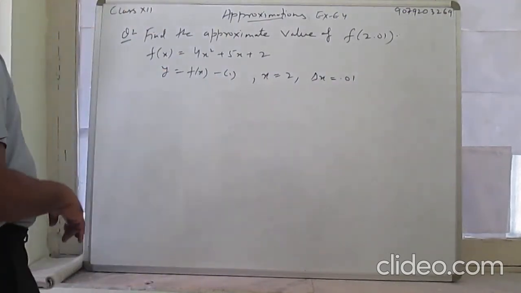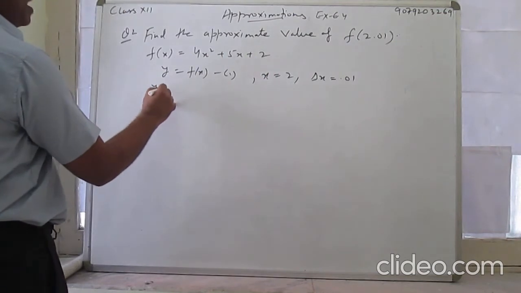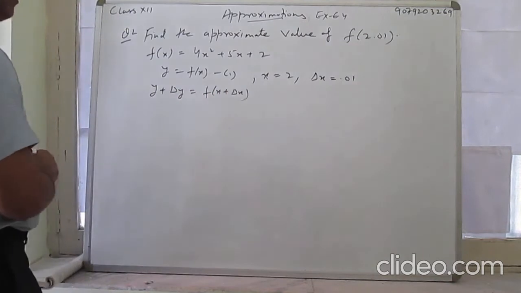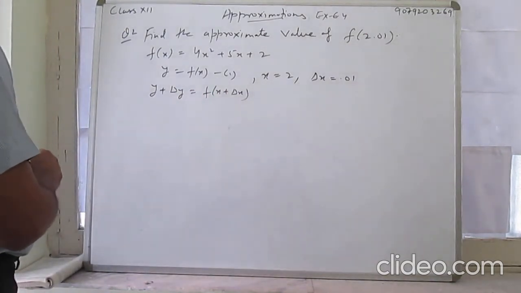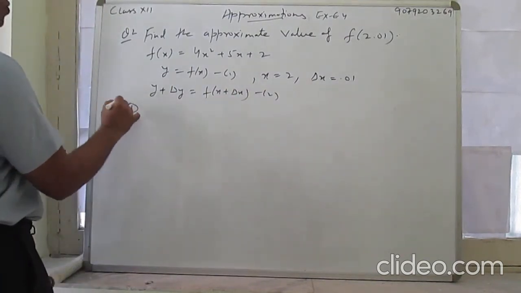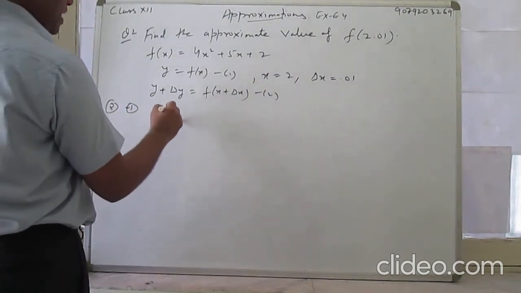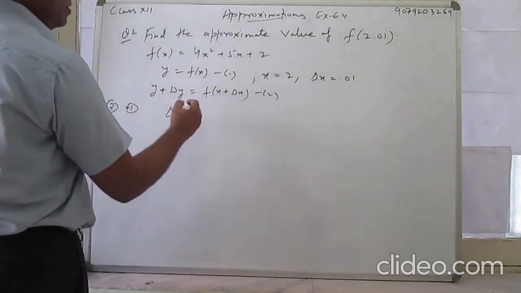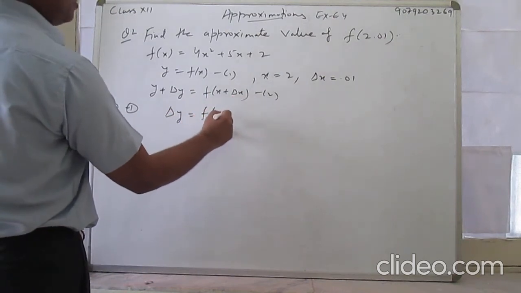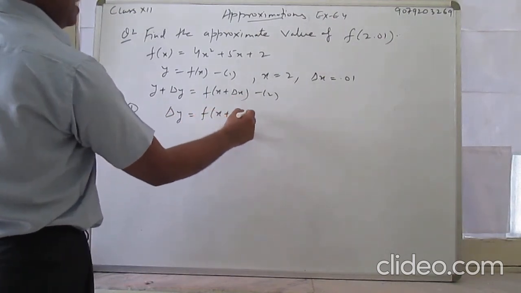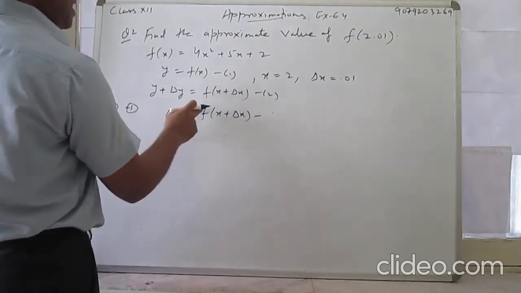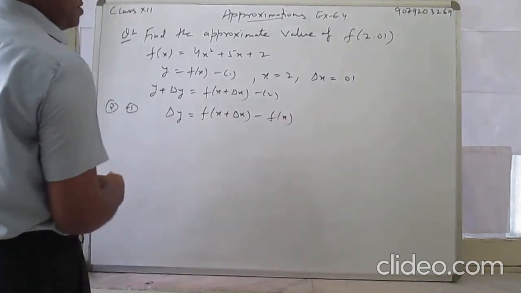Now equation 2: y plus delta y equals f(x plus delta x). Subtracting equation 1 from equation 2, you will get delta y equal to f(x plus delta x) minus f(x).